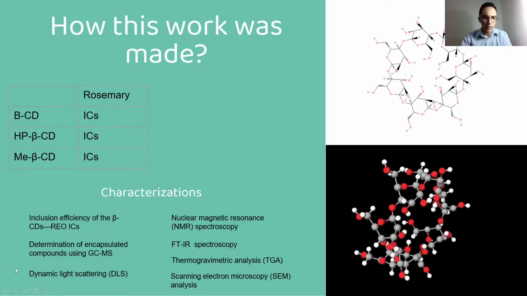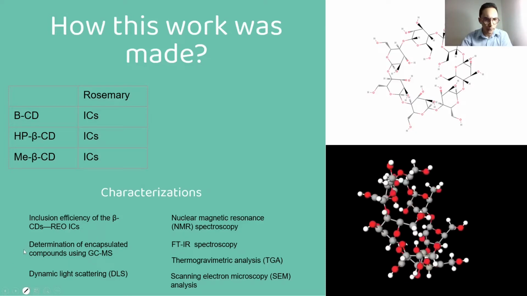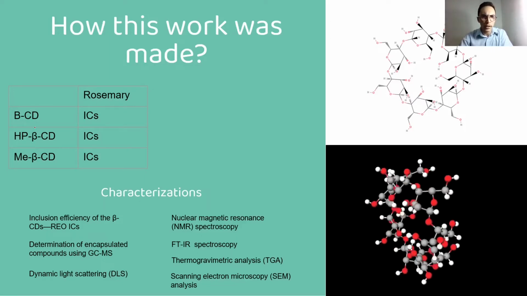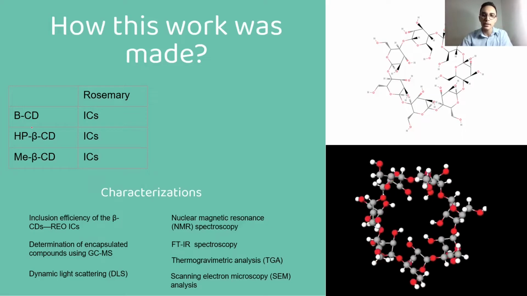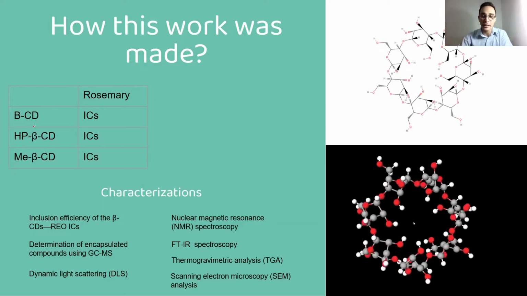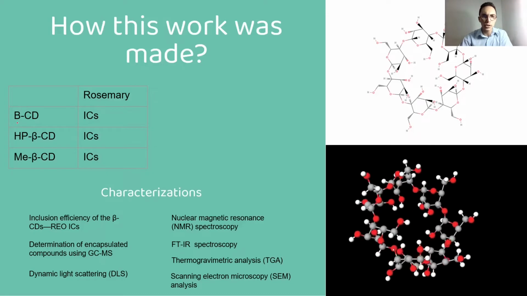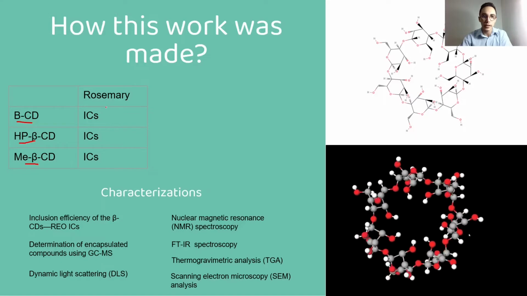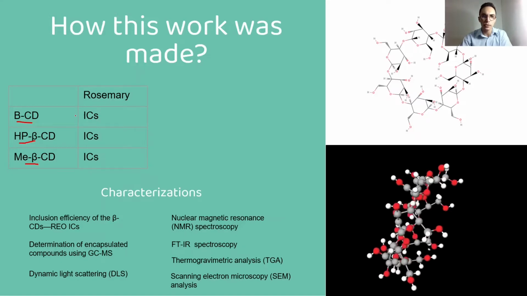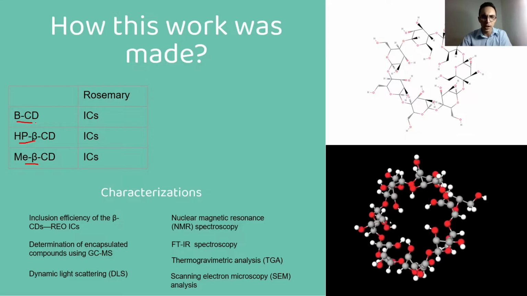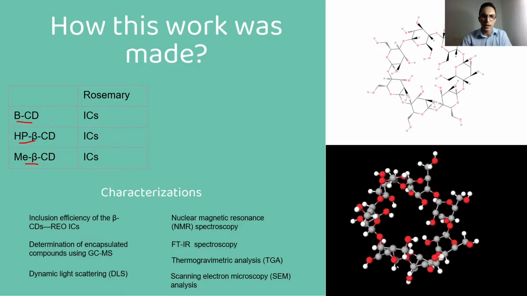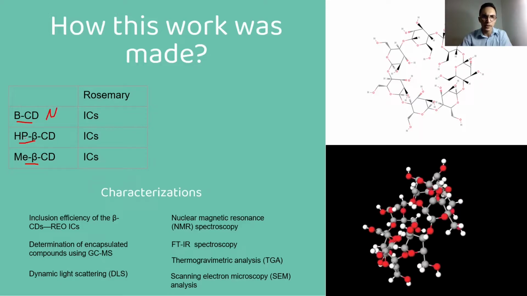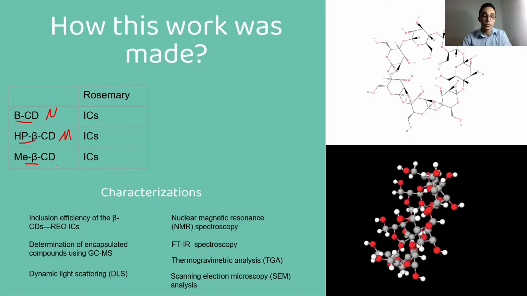As I explained before in the introduction, the author uses three kinds of cyclodextrin and the rosemary essential oil to see the performance. Of these three kinds, one is a natural cyclodextrin and the others are modified cyclodextrins.